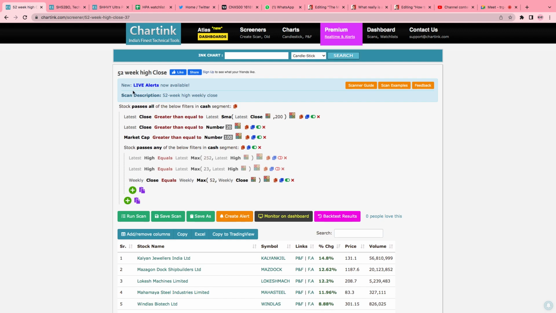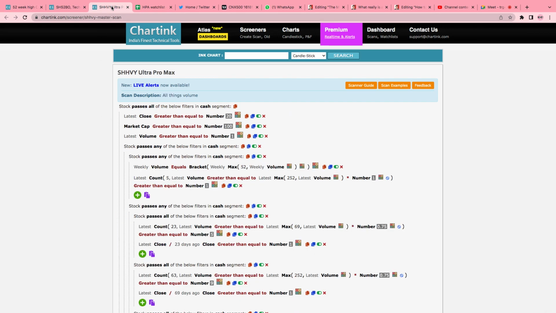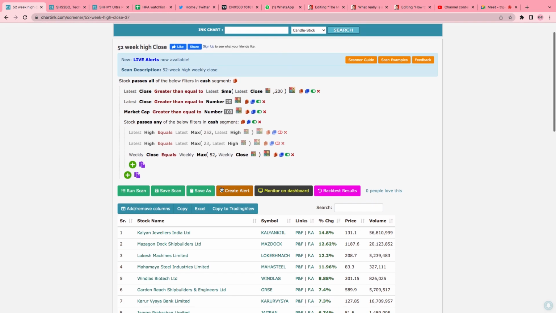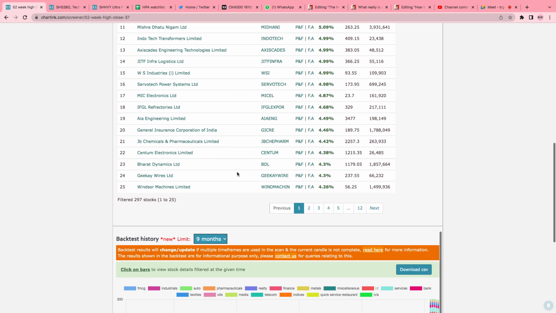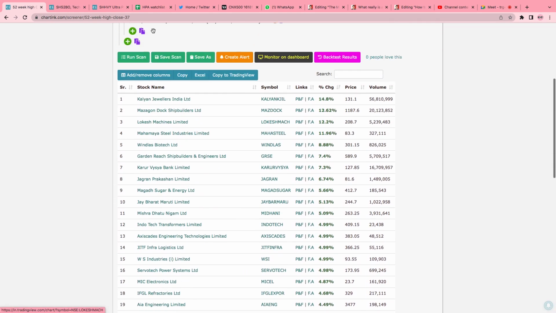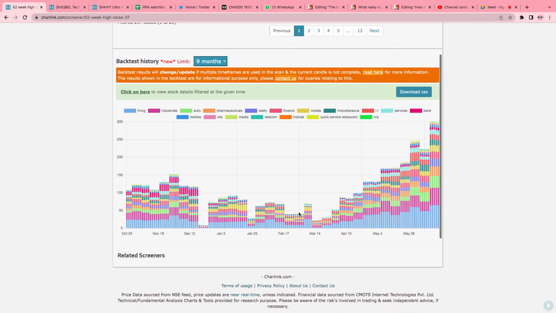This hunting we are going to do once a week. So weekly close equals the max weekly close in the last 52 weeks. Every week you will get this many stocks, and you can also see the number of 52-week high closes has been increasing every week, right? If you remember this graph, since March 15 the numbers were below 25.